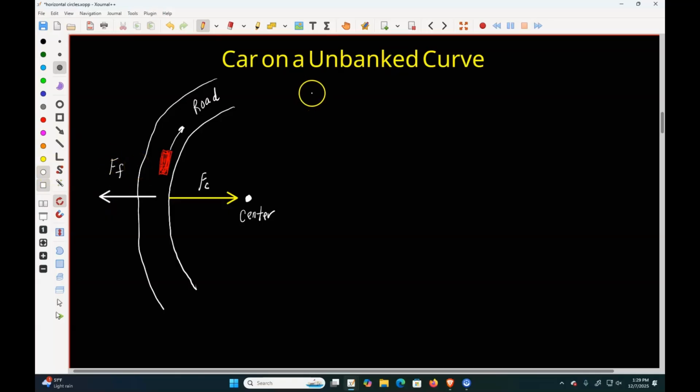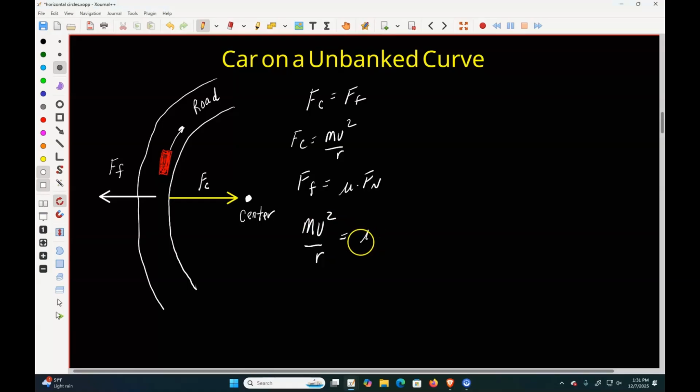So I know then that the centripetal force is equal to the force due to friction. So we're going to say then that mv squared over r is equal to mu times the normal force. The normal force is equal to the weight, which is mass times gravity.